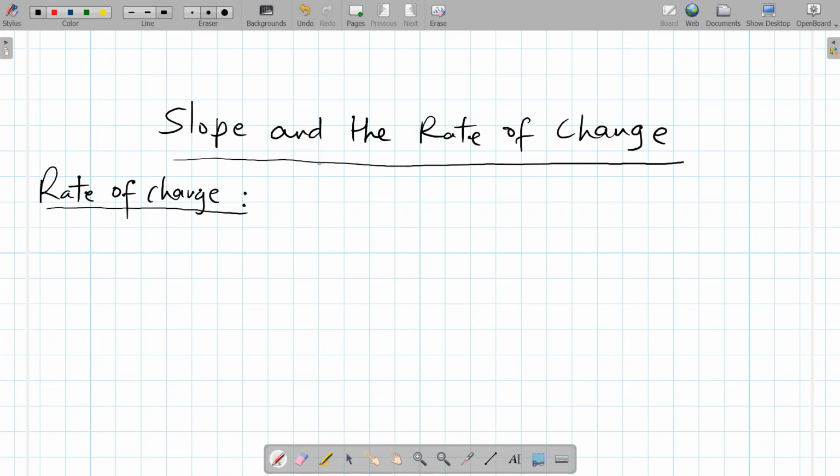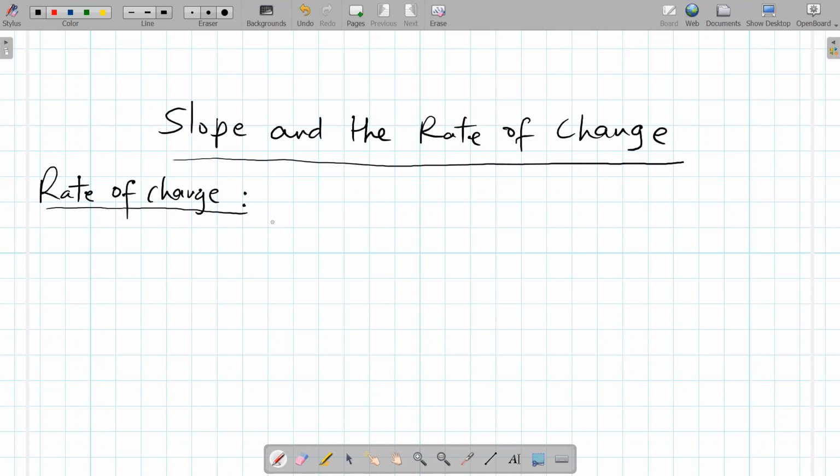So for two or more quantities that are related, when we talk about rate of change, better still if we limit ourselves to two items or quantities that are related. The rate of change is just an expression of how much one quantity changes with respect to the other.